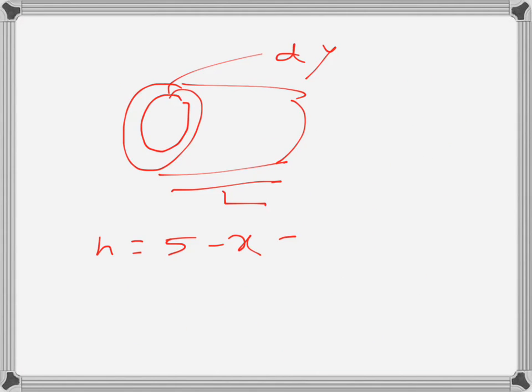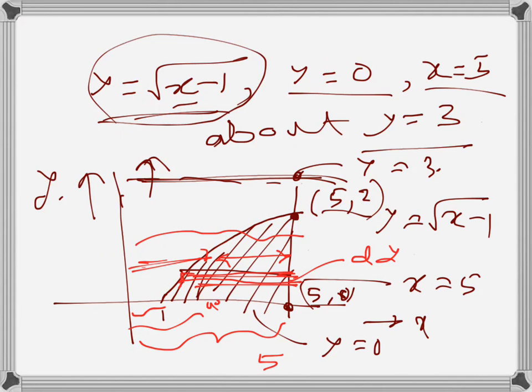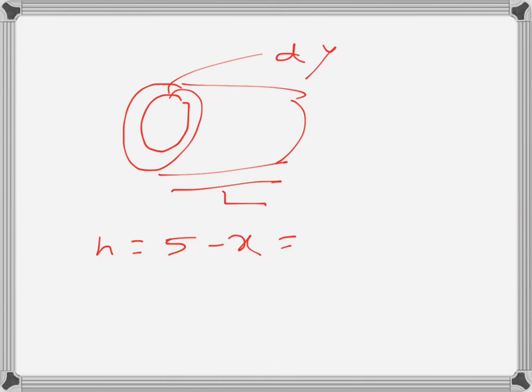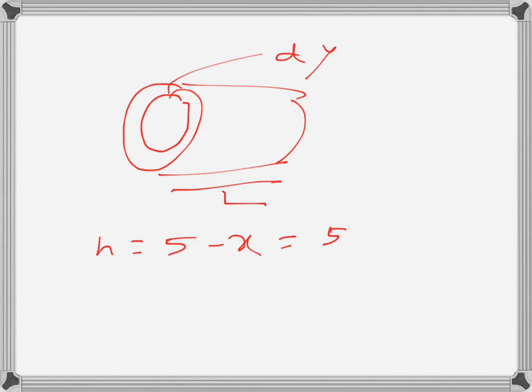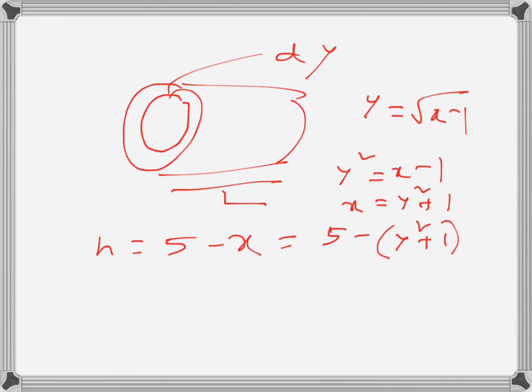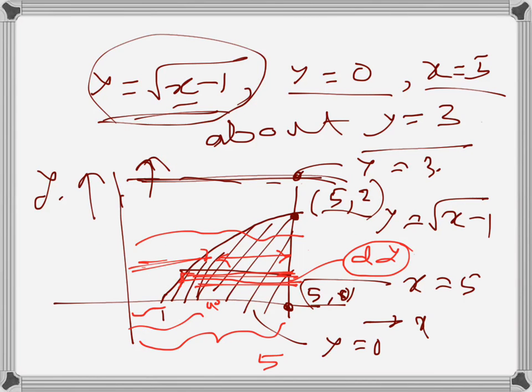Now we will convert x into y because our variable is y. Since y equals square root x minus 1, y square is x minus 1, so x is y square plus 1. So the height becomes 4 minus y square.